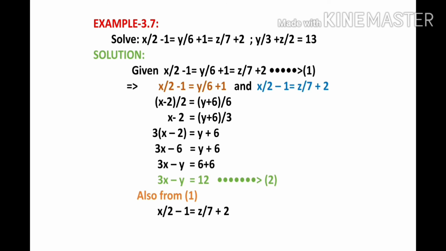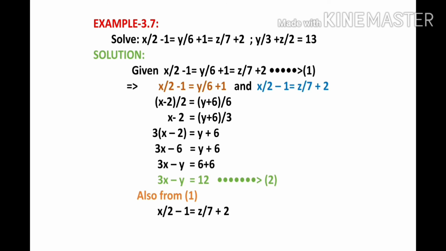Then I write 3x as it is. Transform the terms, that is 3x, I write minus y. I transform y to this side. What happens? This positive y becomes minus y is equal to, I transform minus 6 to this side, it becomes positive, that is 6 plus 6.